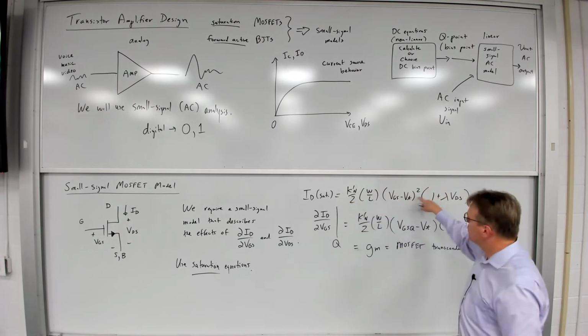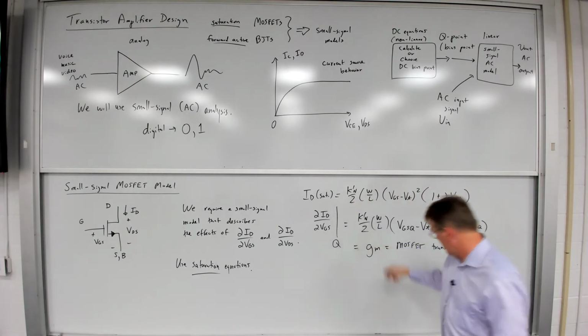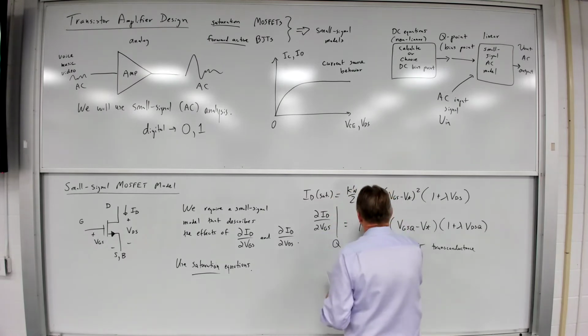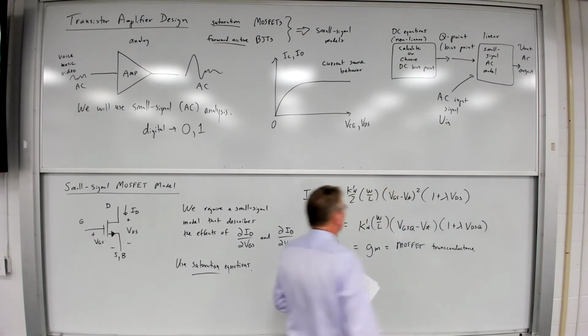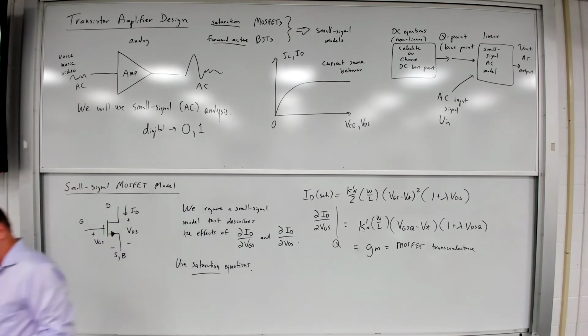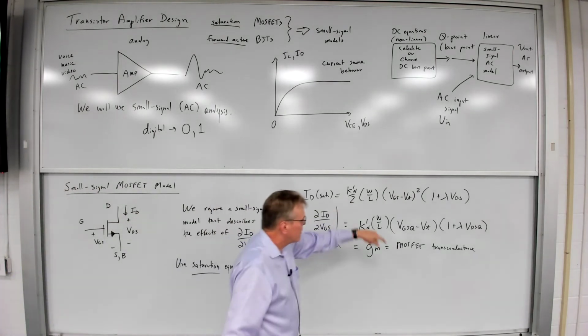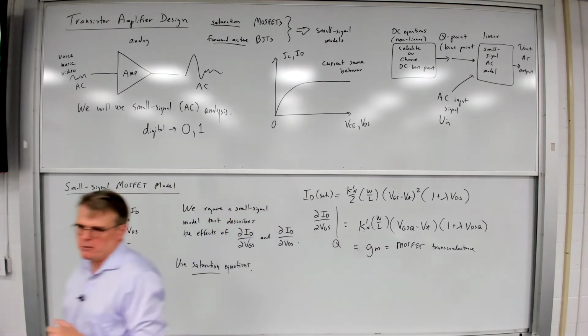Oh, I'm sorry, pardon me. That's K prime N, not K prime N over 2. Thank you very much. So it's K prime N W over L. Okay, so here's our MOSFET transconductance equation.